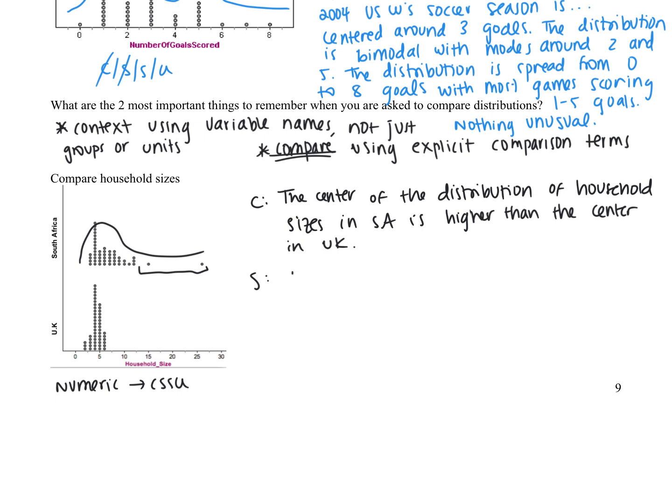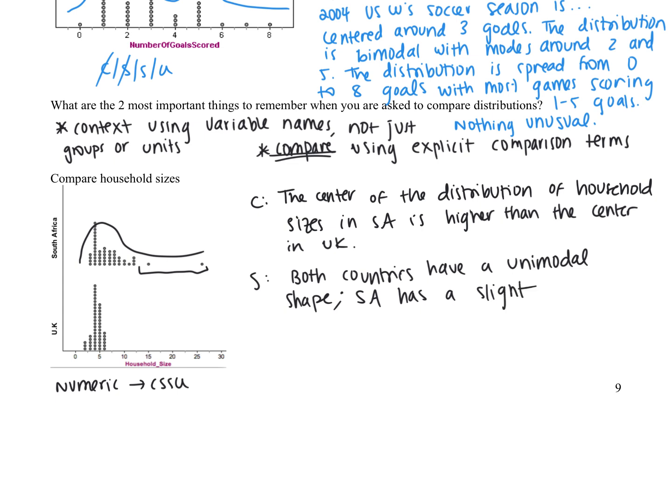So I'm going to say both countries have a unimodal shape. And then South Africa has a slight skew. Is it a skew left or right? Right.